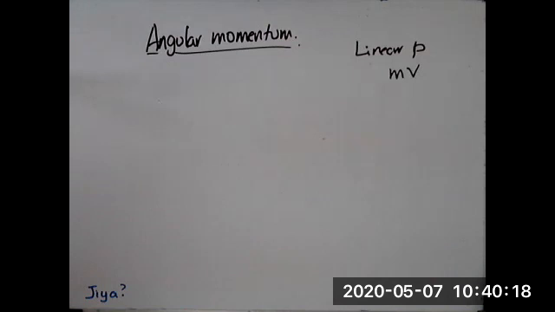But what do we mean by angular momentum? Angular momentum is the consequence of the rotational inertia of an object undergoing angular velocity. So obviously it must be some product of these two things, but we will not look at it like that.